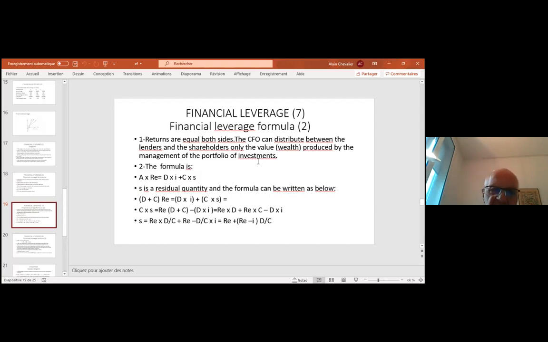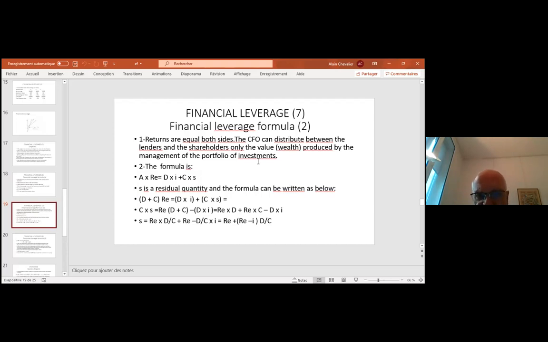So if the interest rate is I and the level of net financial debt is D, you have to pay D multiplied by I. And an amount of cash is left, which is the difference between A multiplied by RE and D multiplied by I. And this is what is left for the shareholder.